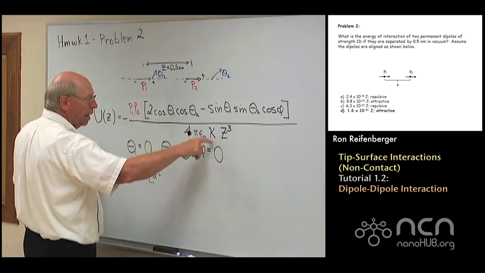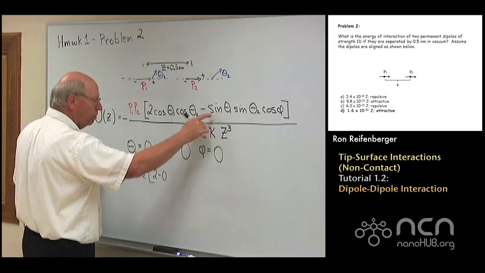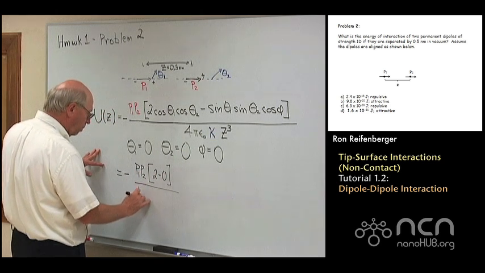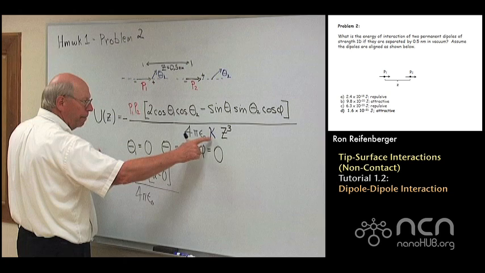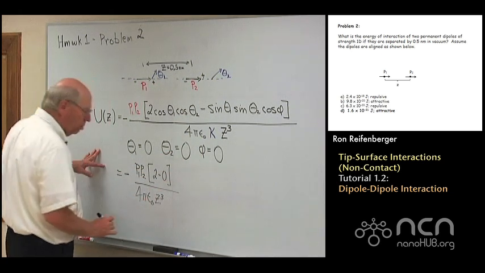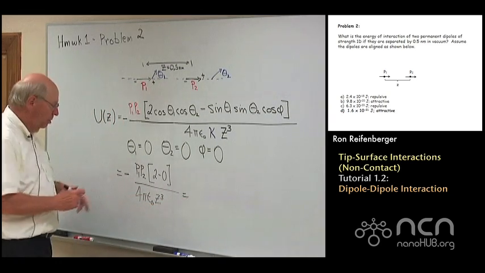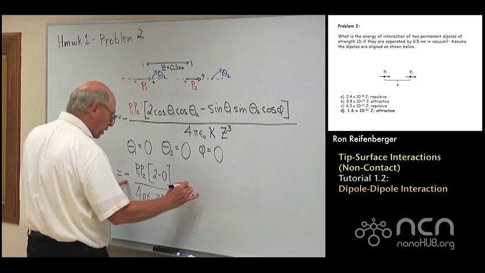Minus sine of 0 is 0, so there's no contribution from the second term. This is over 4 pi epsilon naught, kappa is equal to unity, times z cubed. So if we want to evaluate this expression explicitly, the minus sign comes through.